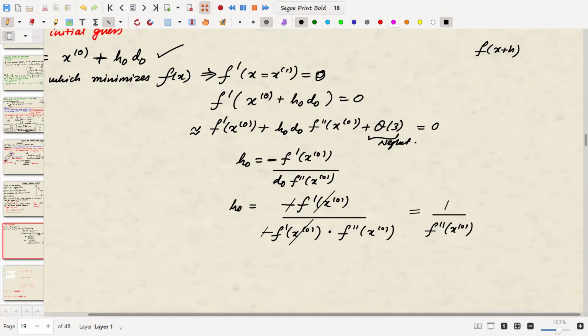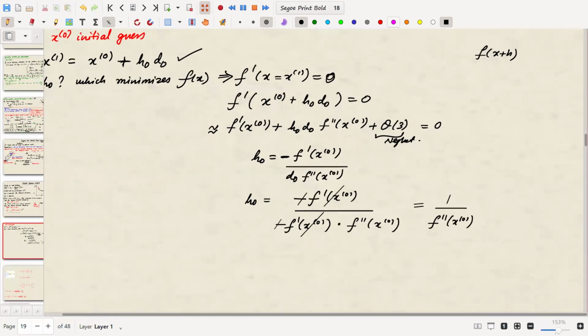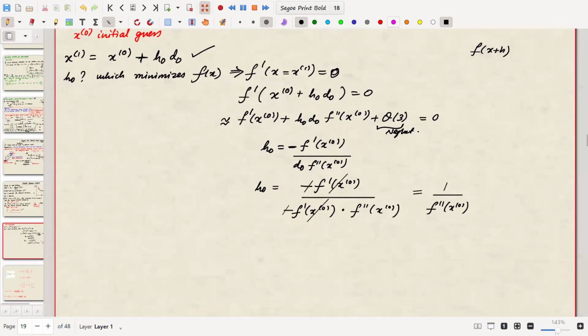Agreed? Agreed. So can we write down the new one? Our job was to find what this value is. Can we put them back in equation 1?